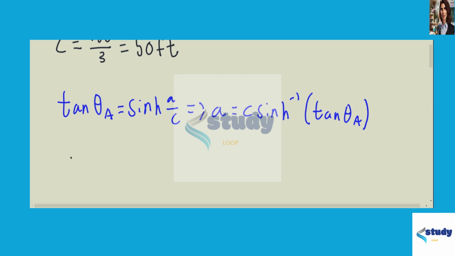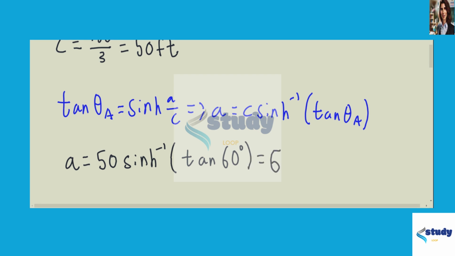So we can say that A is equal to the known length of C times the inverse hyperbolic sine of the tangent of 60 degrees. And that will give us a length A that is equal to 65.8 feet.